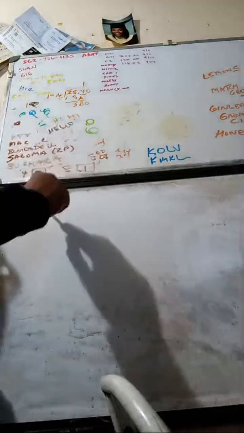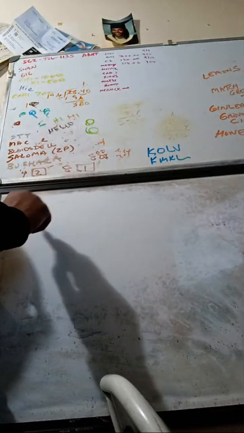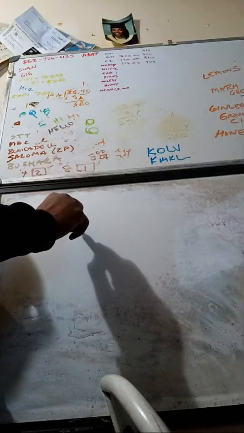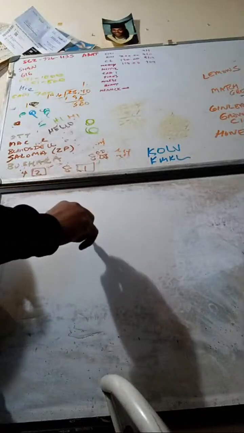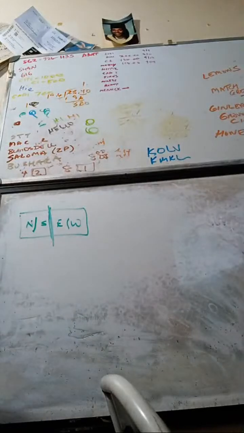A lubber line is the line on a compass, let's say. You've got north, south, east, or west and so on. So when you're looking in here, the line that represents your heading is the lubber line. Okay, so the lubber line is specifically on the compass.